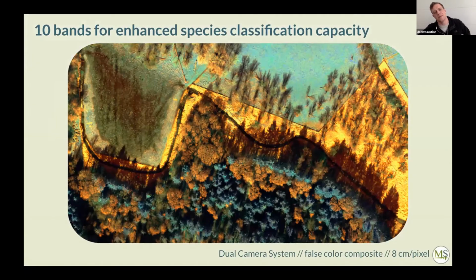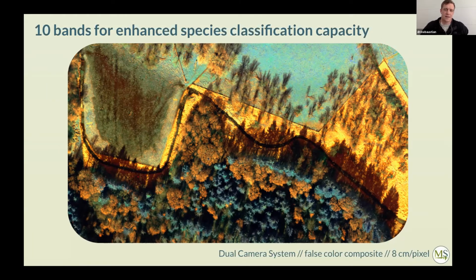This is actually a false color composite from the dual camera system. We're basically visualizing probably something like one of the near infrared bands, one of the red edge bands, and then probably one of the blue bands to get a different perspective on a plant canopy. This is just a forested area and then an open pasture area.